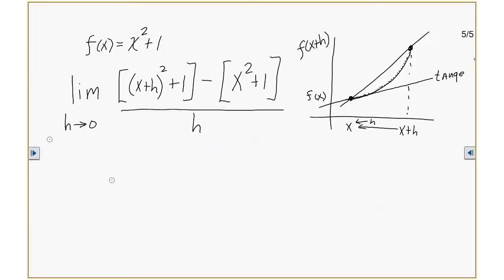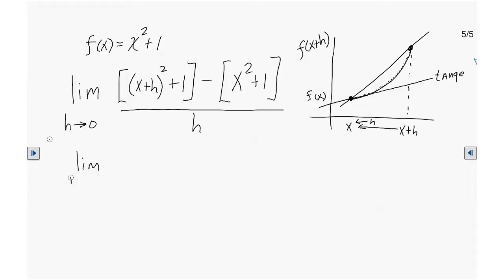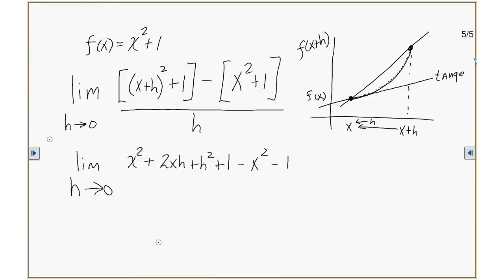All right, so what do? Well, limit as h approaches 0 of x squared plus 2xh plus h squared plus 1 minus x squared minus 1. And what happens to all the x terms and numbers? What happens to them? Yes.